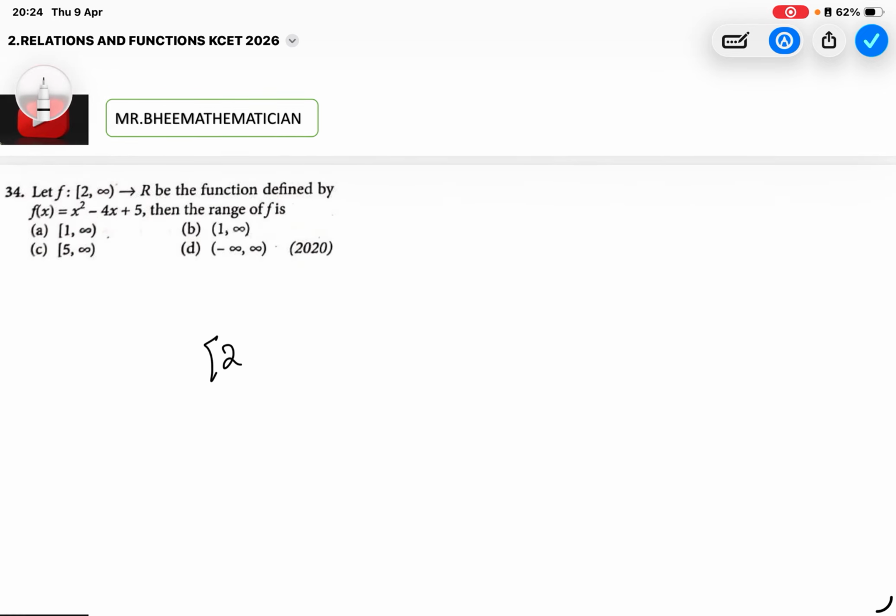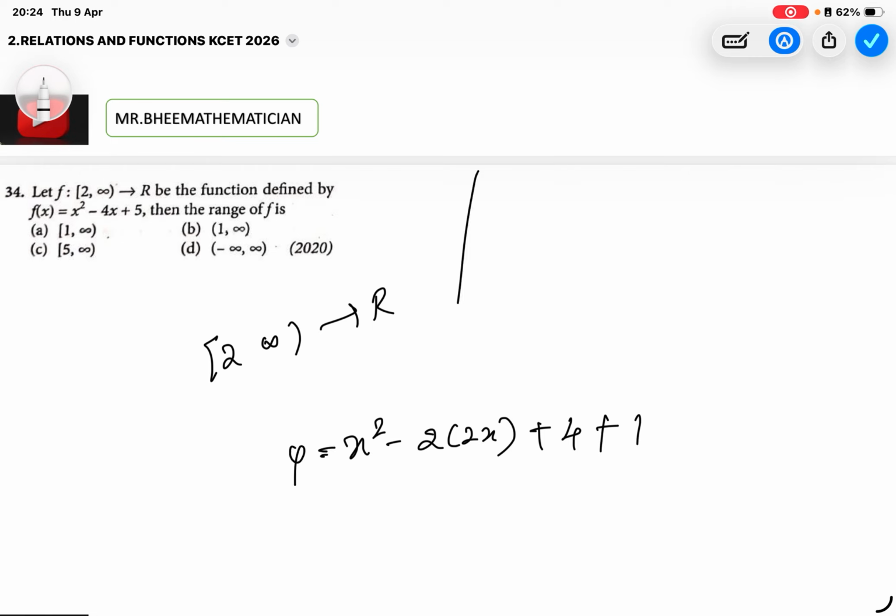Here they have given 2 to infinity as the domain and real numbers. Then the function defined by f of x is equal to x square minus 4x plus 5. Here use the perfect square formula. This is equal to y. Find the x value. Convert x into y.